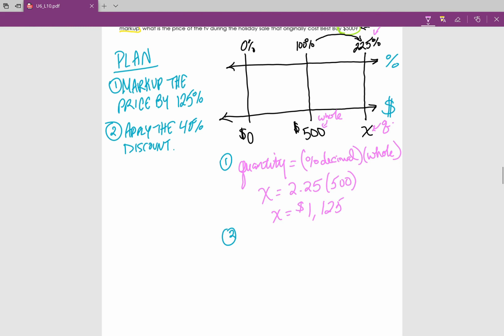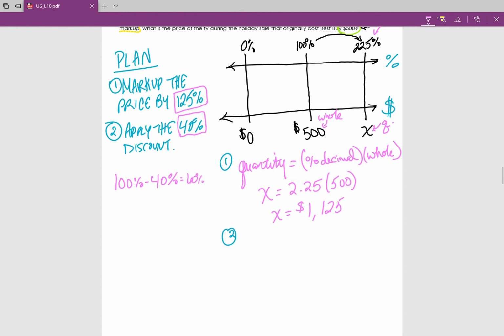What did we do with this 125%? We added it to 100. So now with this 40%, I need to subtract it from 100. So 100% minus 40% is 60%.